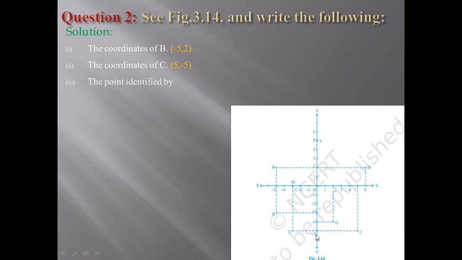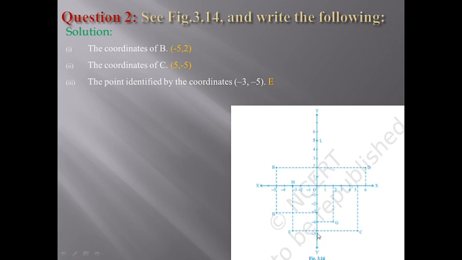Then the point identified by the coordinates -3, -5. So -3 is the abscissa, so it is on the x-axis, and -5 is the ordinate, so it is on the y-axis.